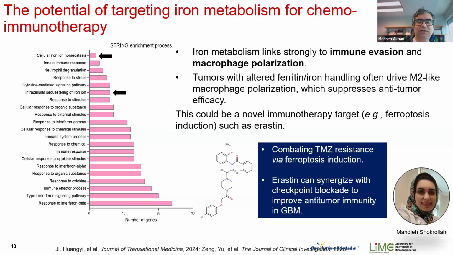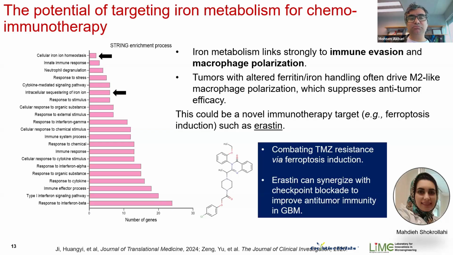Specifically, studies have shown that tumors with altered ferritin iron handling often drive M2-like macrophage polarization, which suppresses anti-tumor efficacy.